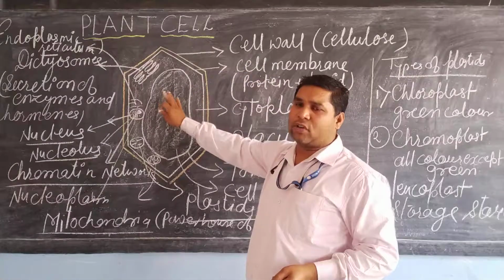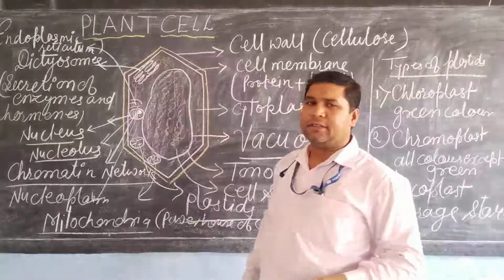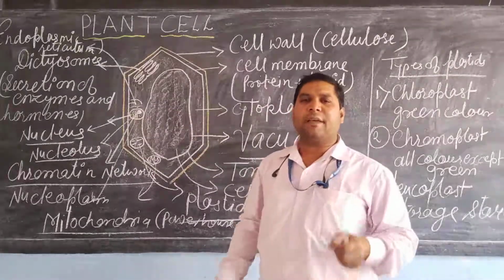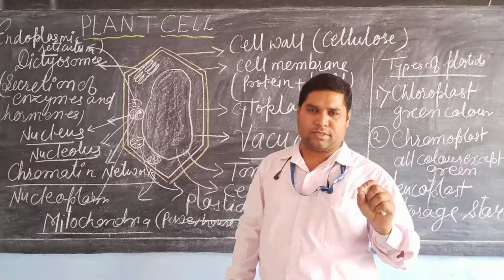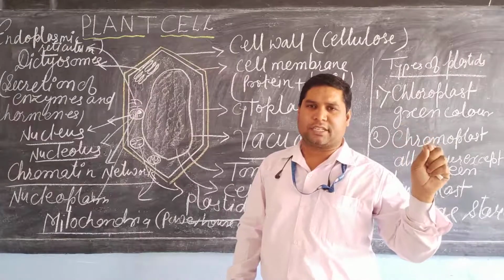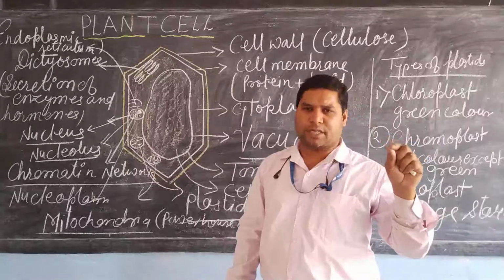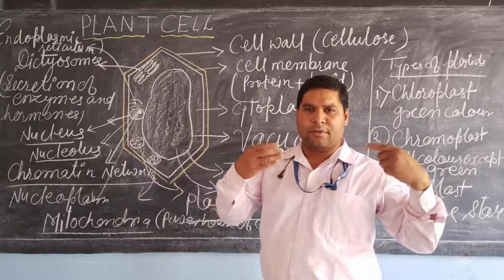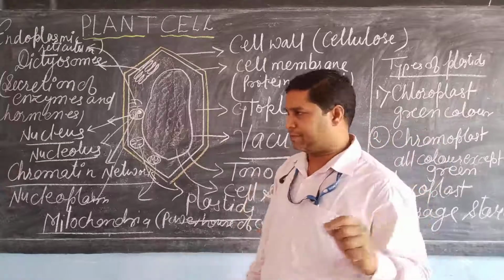In the plant cell, vacuole is present, and in the animal cell, vacuoles are present in very minute form in the premature condition. But when the cell becomes adult, fully matured, the vacuole disappears.